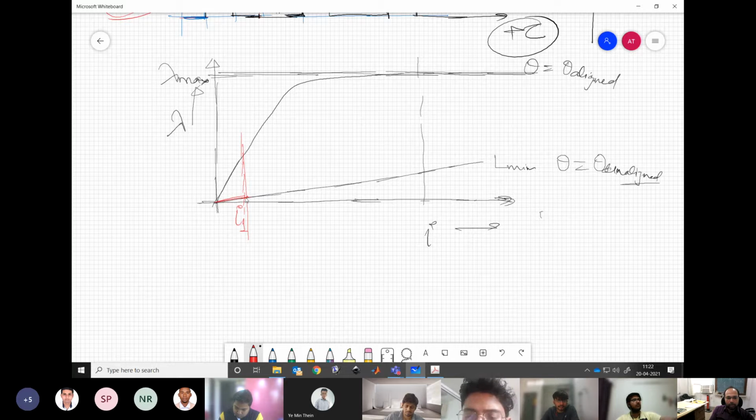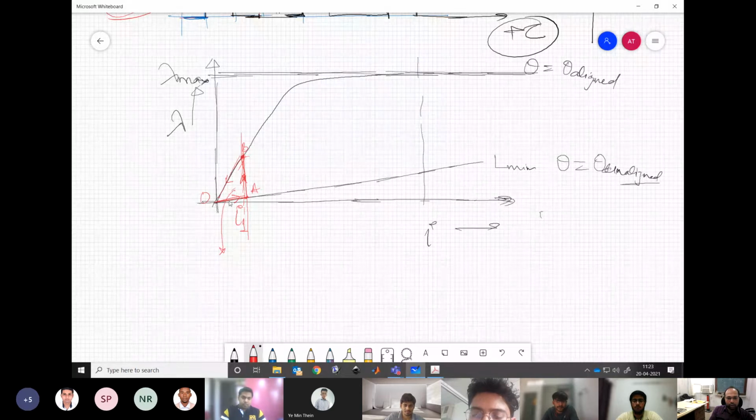The flux linkage reaches some value, the rotor moves and goes to the Lmax value, and then you reduce the excitation. Understanding my point? Now the area within this graph, let's say OAB, is proportional to the mechanical work done.